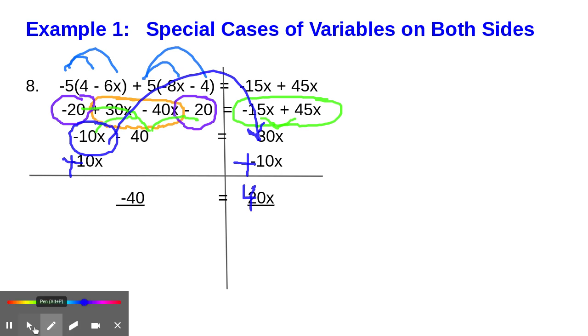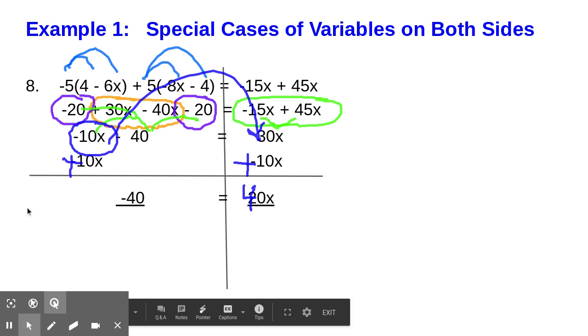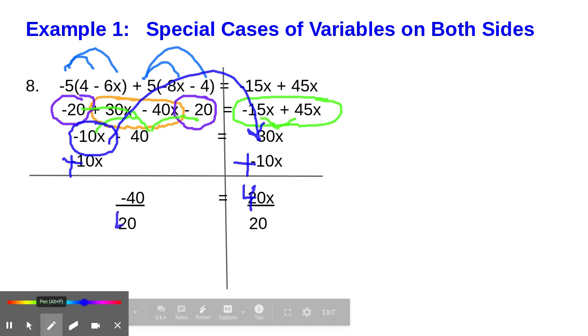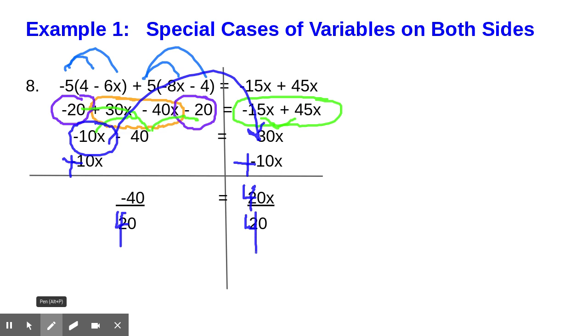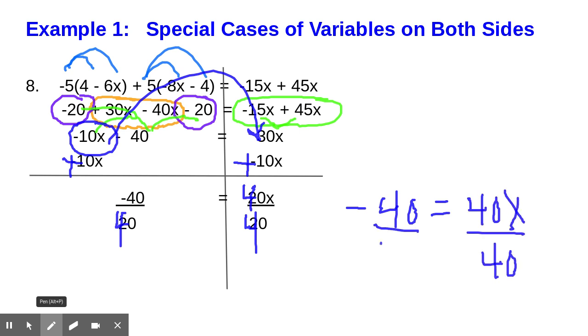Okay, and then I need to divide by 40. So at this point, my problem is negative 40 equals 40x. Divide by 40, divide by 40.